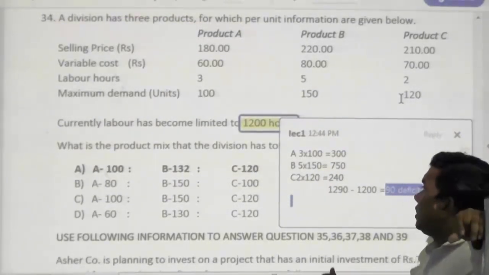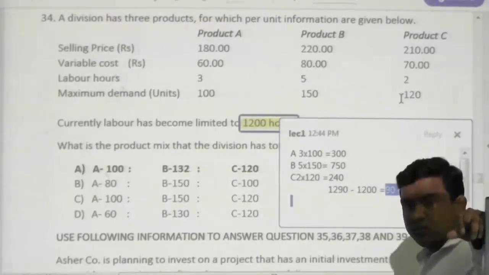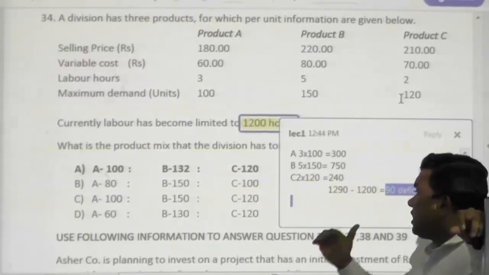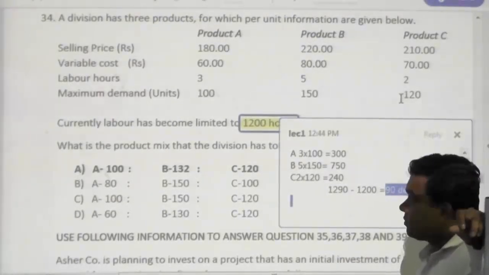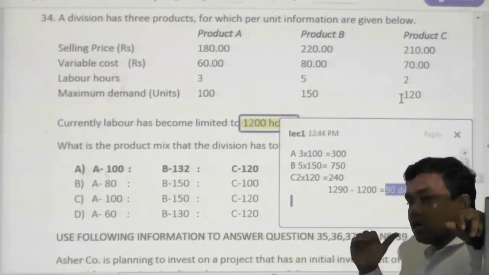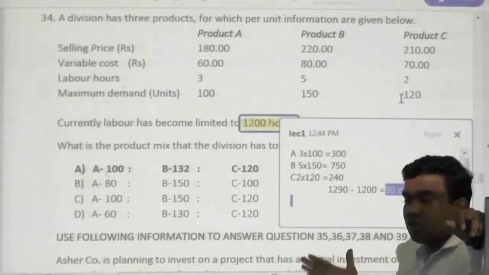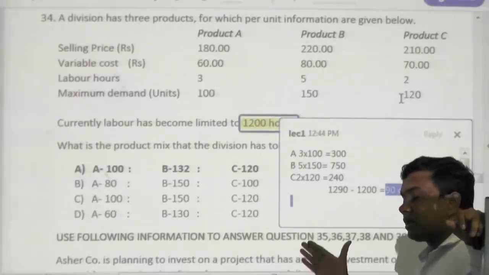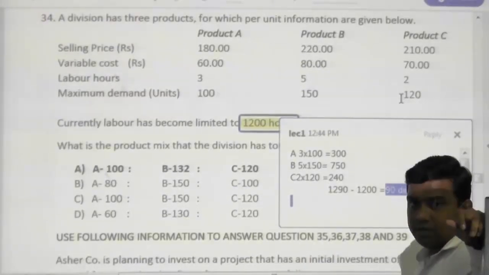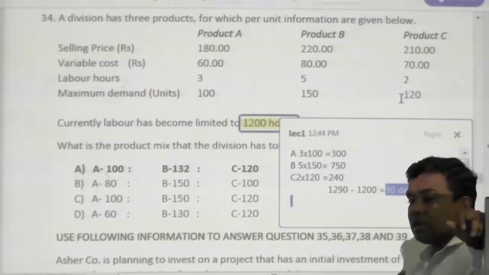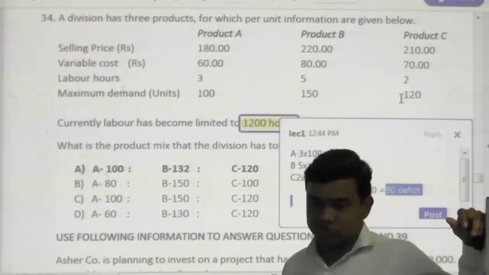Then find out how many limiting factors are required for each product. Then calculate contribution for each limiting factor. This is step 3. Then based on the contribution for each limiting factor, you can rank the products from highest contribution per limiting factor to lowest contribution per limiting factor. Then based on the ranking, plan your production as discussed in this question.